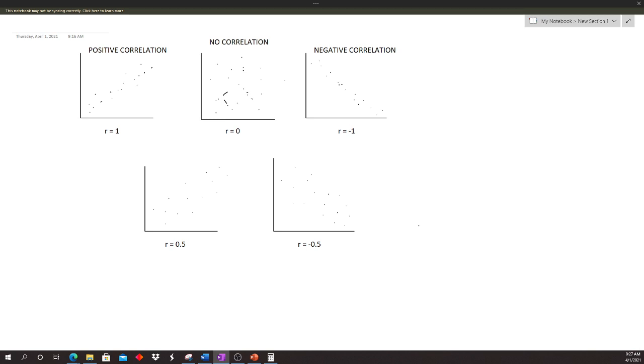So you have two tasks for this assignment. One is being able to identify positive, negative, or no correlation. And the other is, given either 1, 0.5, 0, -0.5, or -1, being able to identify what's closest to the correlation coefficient of a given graph using these 5 examples.